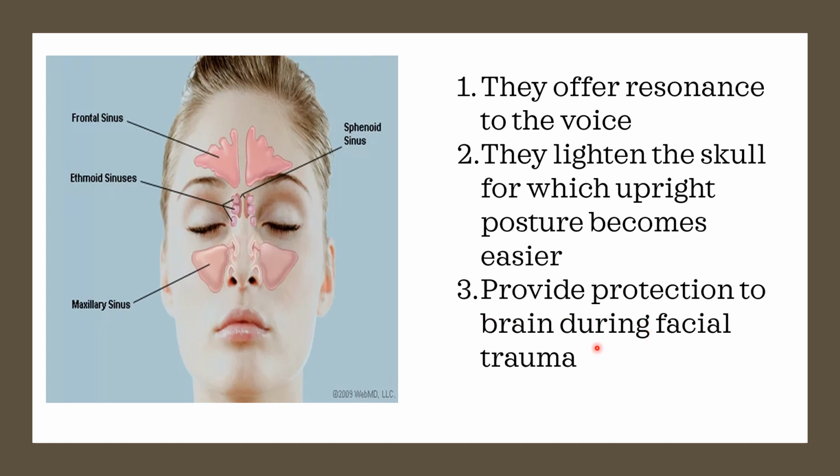As they contain air, there will be a kind of protective action, and so any kind of external injury cannot be applied directly on the brain. So these are the three major functions of the paranasal air sinuses.